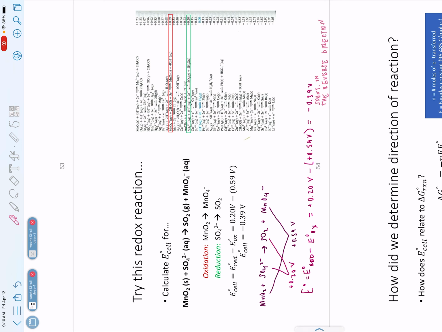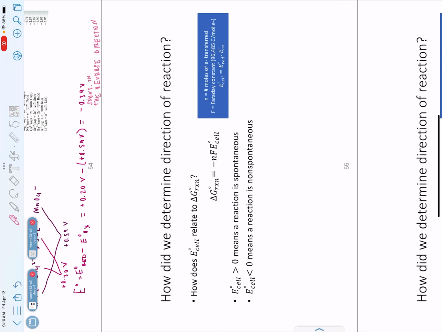All right. How does this fit in with spontaneity? Well, I've already been hinting that a positive potential, a positive voltage, means that I have a spontaneous reaction. And a negative voltage means that I have a non-spontaneous reaction. Right? Well, that means then that delta G and the voltage itself must be related by the negative.